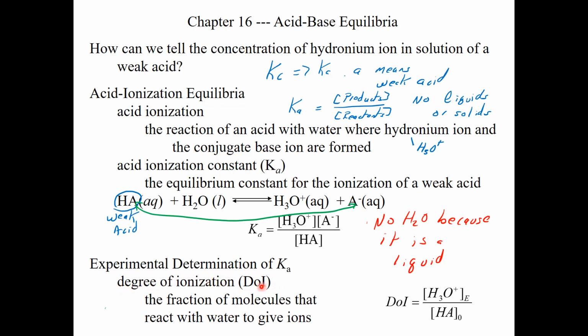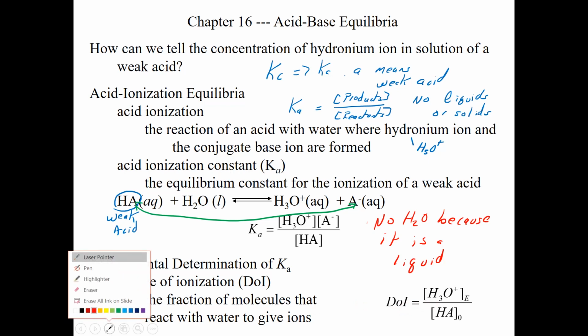The formula for degree of ionization is the hydronium ion concentration at equilibrium over the weak acid concentration initially, at time 0. And that fraction tells you how strong an acid is. The larger this number is, the stronger the acid, the more of the product it produced over the less of the reactant that's still there. The lower the number, the weaker the acid.